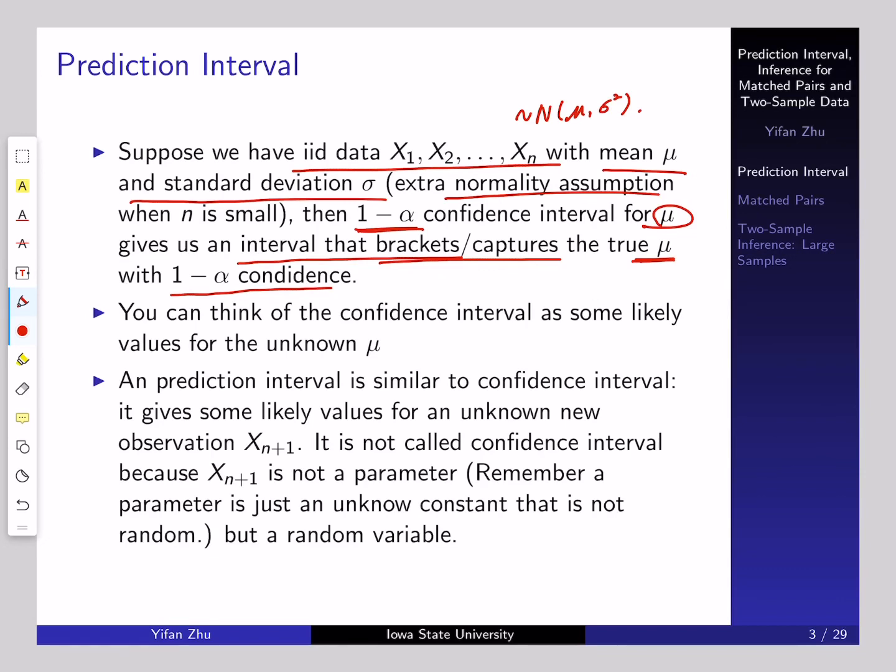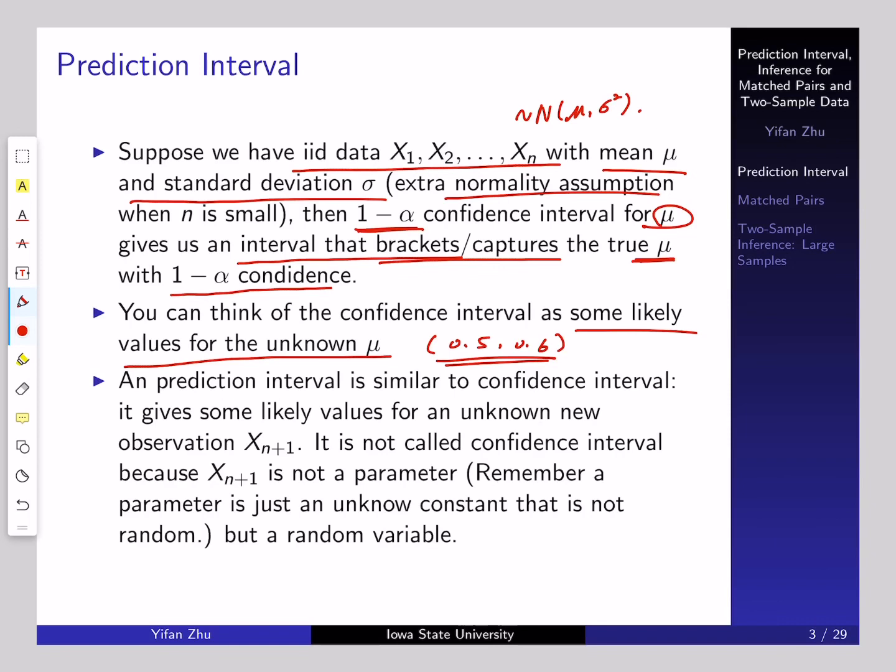So you can think of the confidence interval as some likely values for the unknown mu, because you don't know the true mu. For example, if the confidence interval is from maybe 0.5 to 0.6, this interval provides you some likely values for the true mean mu with some confidence.